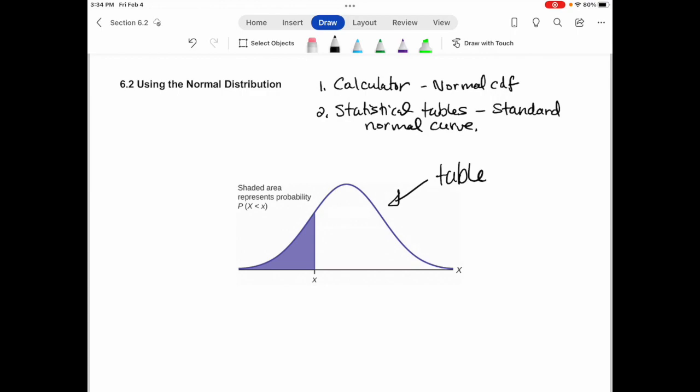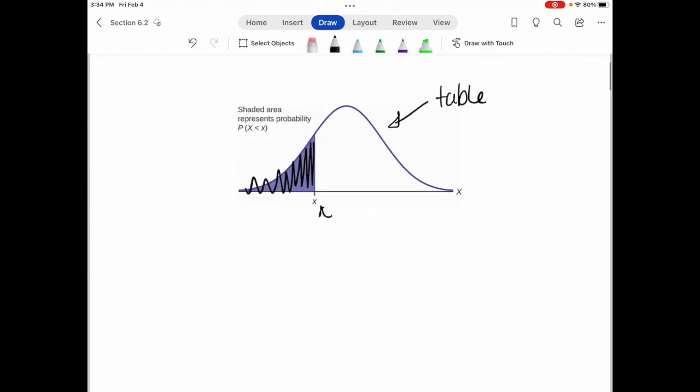The table will always give you the area under the graph to the left. So I would take whatever this value is here, x, I would translate it to our value of z, and then you look up on the table for your value of z, will give you the area under the curve to the left.